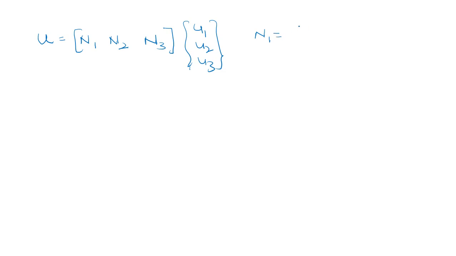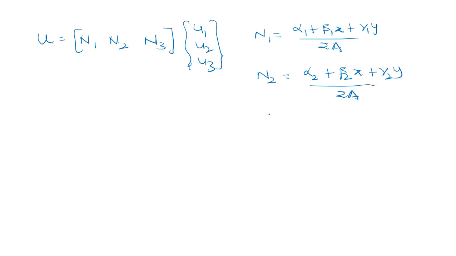That shape function is alpha 1 plus beta 1 x plus gamma 1 y divided by 2a, where a is the area of that particular triangle. Now what is N2? Same way, alpha 2 plus beta 2 x plus gamma 2 y divided by 2a. Similarly N3 is alpha 3 plus beta 3 x plus gamma 3 y divided by 2a.